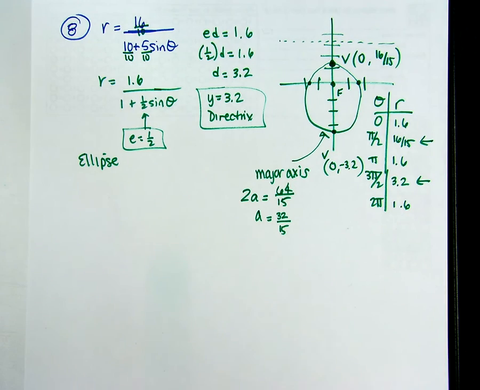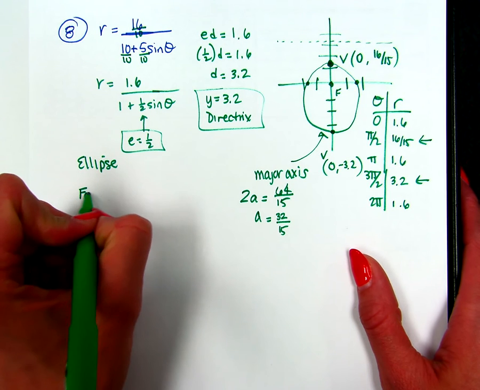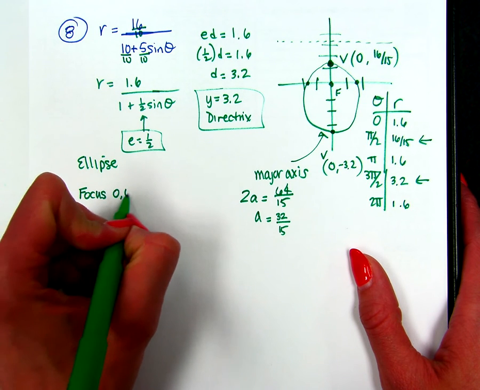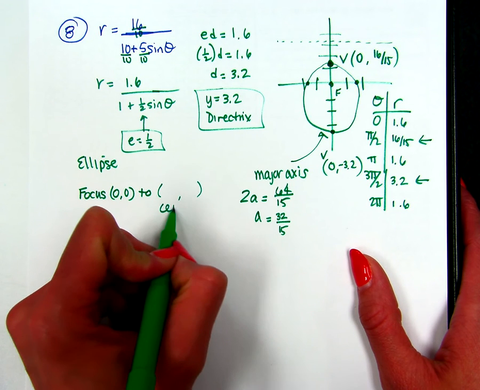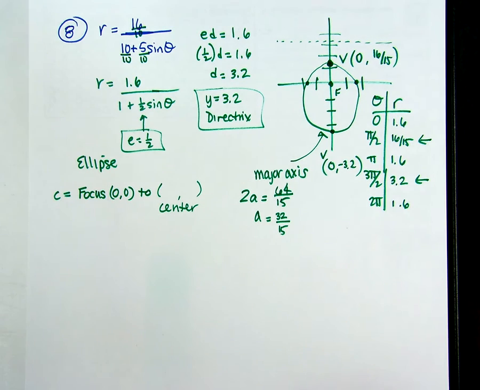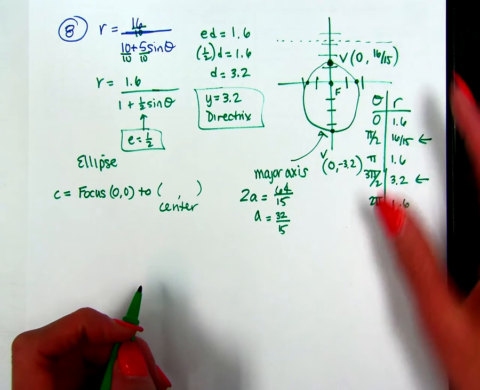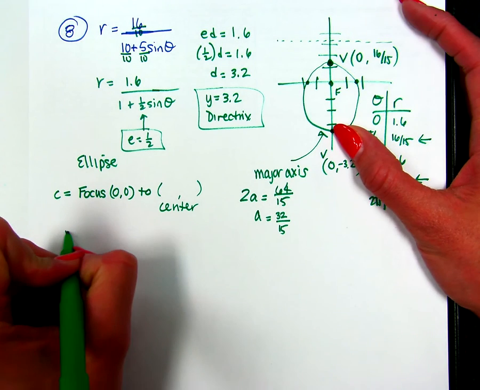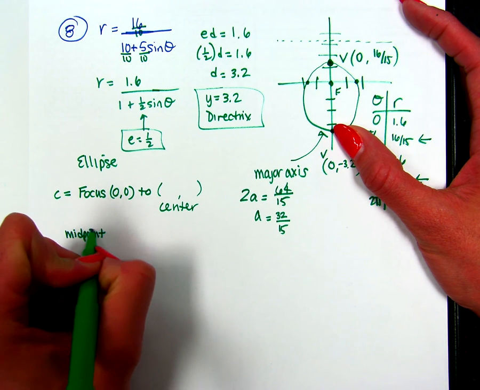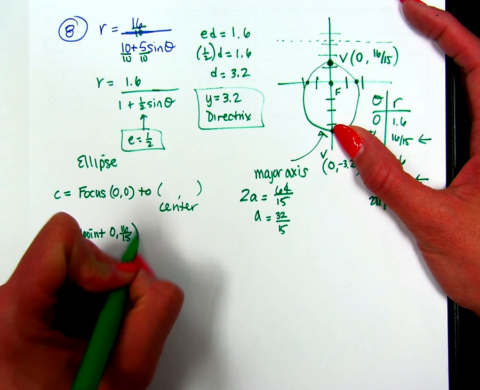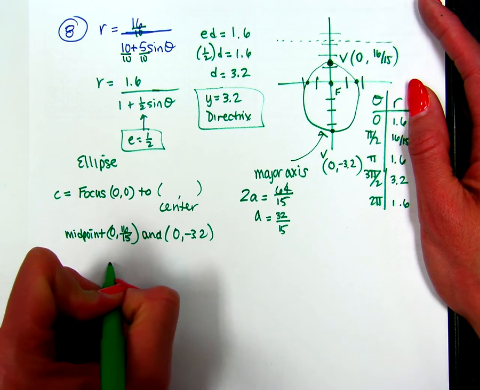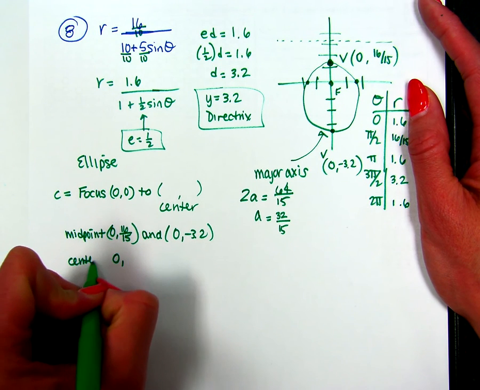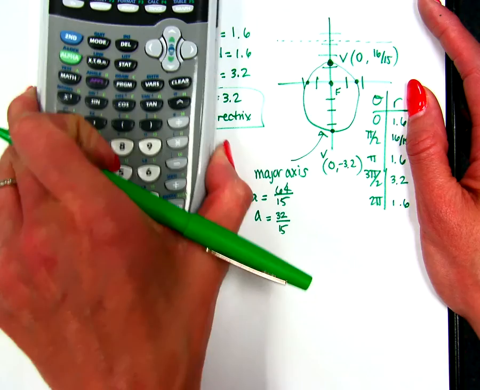All right, we also know that the distance from one of our focal points, which is 0, 0, to the center should be equal to c. So now it means we need to find our center. Now our center should be the midpoint of the 2 vertices. So if I find the midpoint between 0, comma 16/15 and 0, comma negative 3.2, that's going to give me 0, comma, and then I have to add them up and divide by 2.